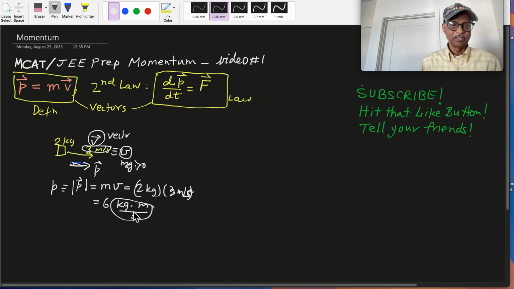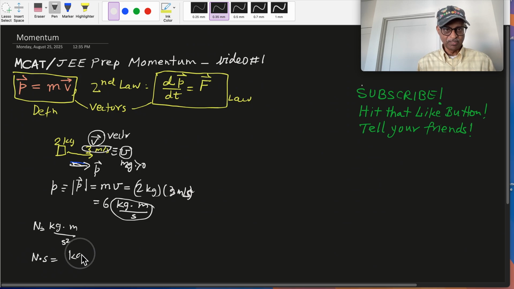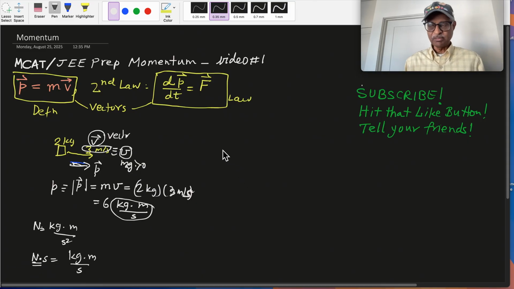It turns out a Newton is kilogram meter per second squared. So you can see this whole thing will be Newton times second, which is kilogram meter per second. So you could call this Newton times second, but people just leave it like that when talking about momentum. All right, so that's the definition of momentum.